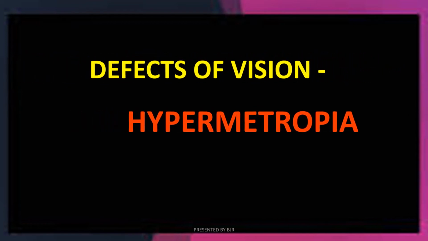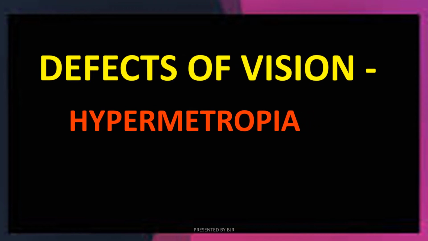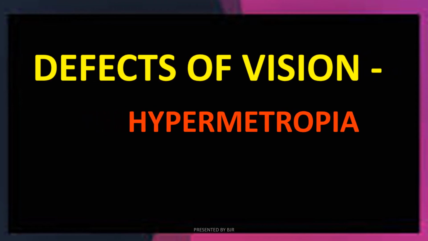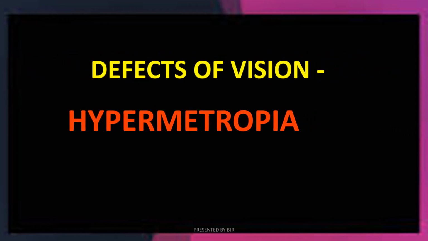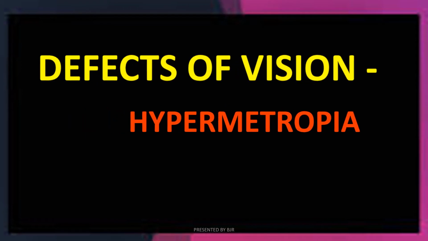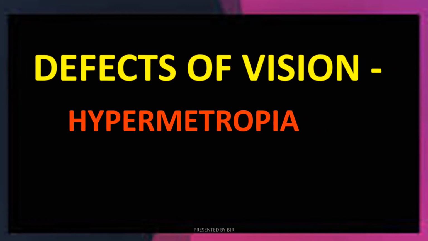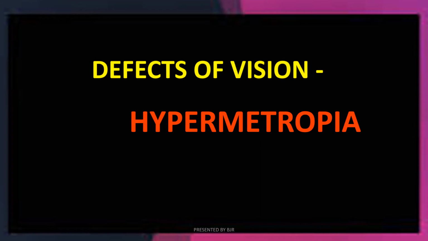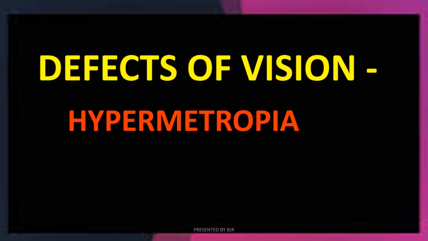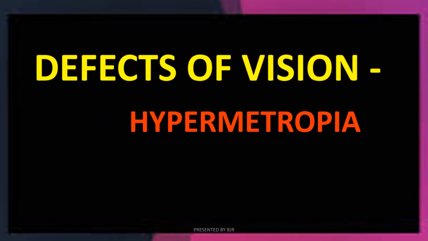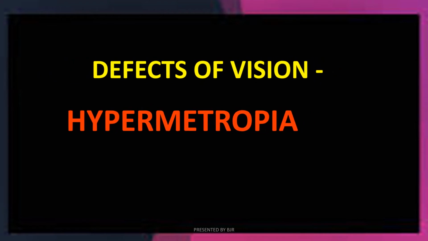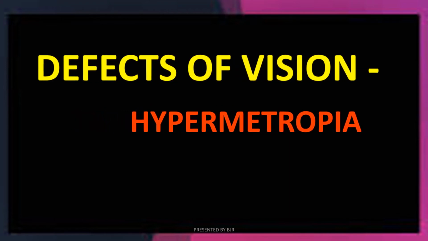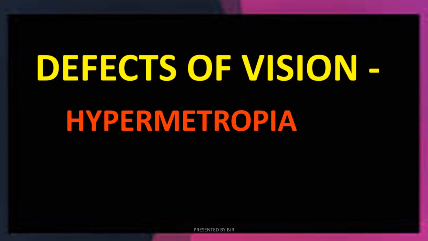Okay, so in case of a myopic eye, the lens has the problem of adjusting the maximum focal length for distant objects, and it is less than 2.5 centimeters. That is, f maximum is less than 2.5 centimeters in case of myopia.